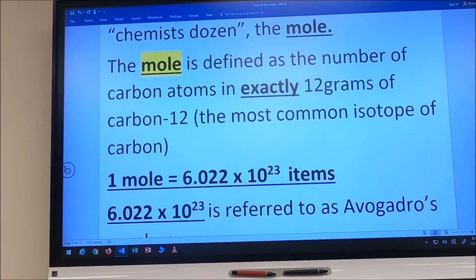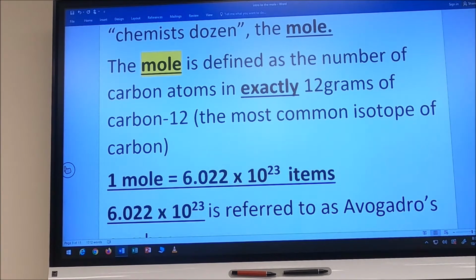It turns out in exactly 12 grams of carbon-12, there are 6.022 times 10 to the 23 atoms. So we can say that 1 mole is equal to 6.022 times 10 to the 23 items. 6.022 times 10 to the 23 is also referred to as Avogadro's number.